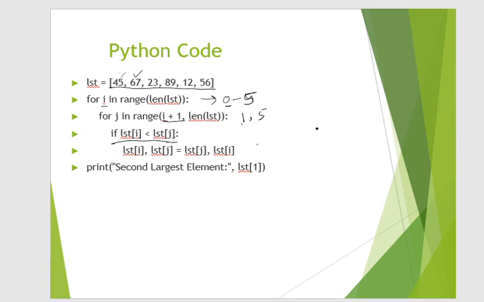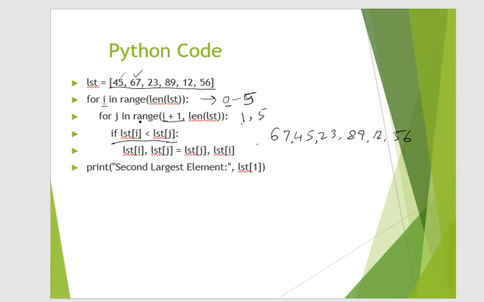It means we are swapping. So after this iteration, the values are 67, 45, 23, 89, 12 and 56.